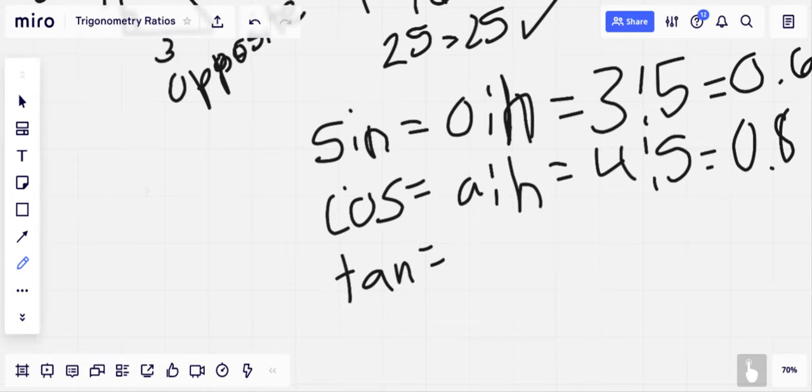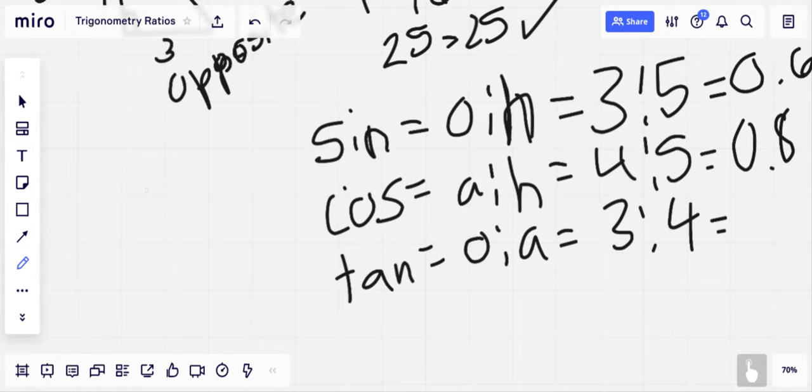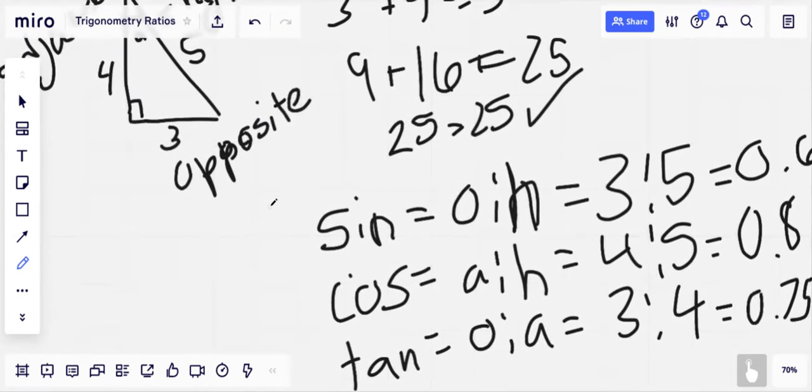This is equal to the opposite over the adjacent, which is 3 over 4. So 3 over 4 is equal to 0.75. So if someone asks you for sine, cosine, and tangent, you could just give them these values and you would get the problem correct.